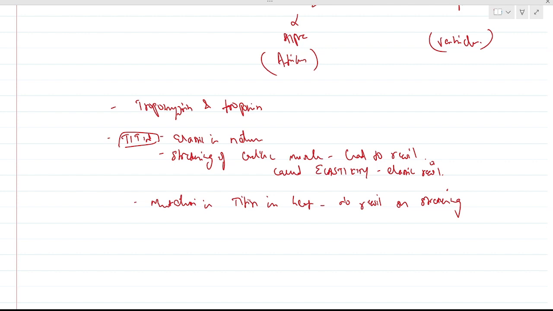Very simple funda: no recoil on stretching leads to dilated cardiomyopathy. This condition prevails due to a mutation in the titin protein, which in the heart is responsible for elastic recoil. There is no recoil on the mutation. So this was the titin protein.